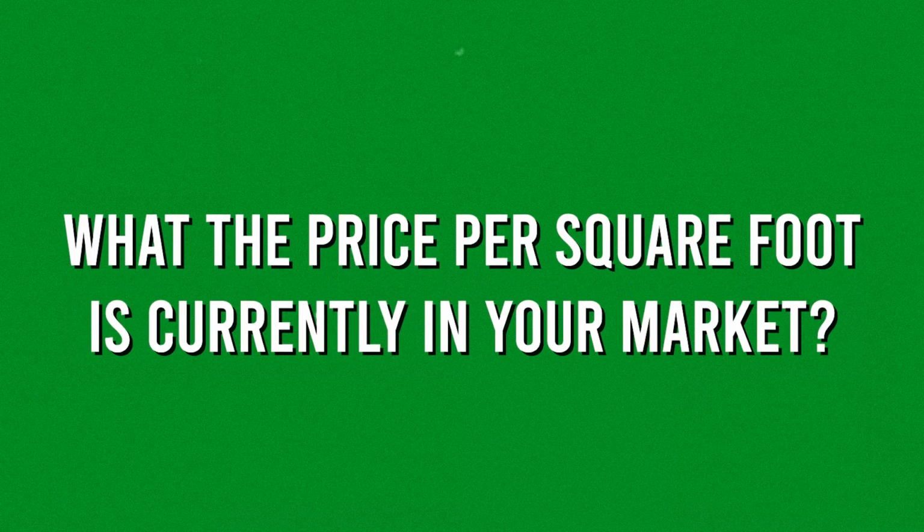And just for your back of napkin math, you probably want to ask your GCs what the price per square foot is currently in your market. This is a rough estimate, but when you're analyzing deals, to be able to analyze a lot of deals each day, you can't deep dive into everything you come across in the MLS. It'll just be a waste of time.